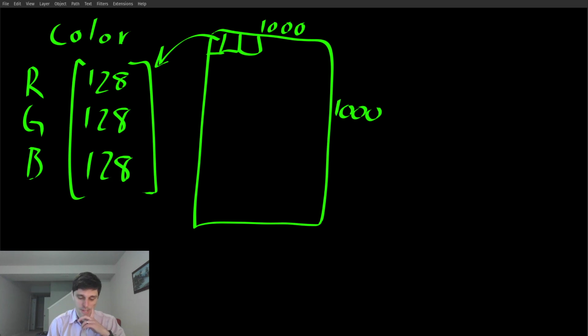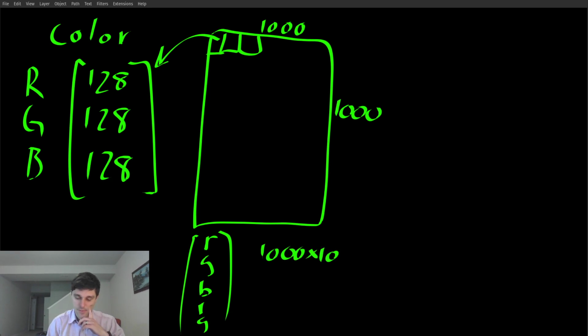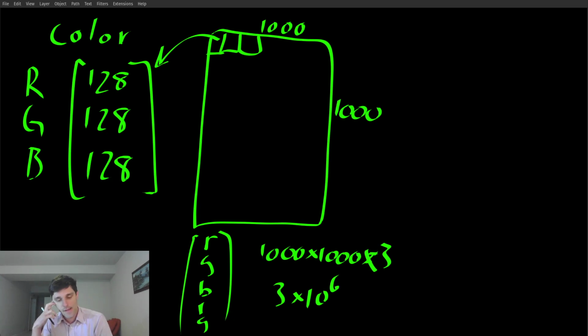So it goes red, green, blue, dot dot dot. Make a really long vector whose length would be 1,000 times 1,000 times 3, which is 3 million elements. Whoops, I said equals 3 times 3. So 3 times 10 to the 6th elements in this vector, right? And then there are all sorts of image processing things that you might want to do with that.